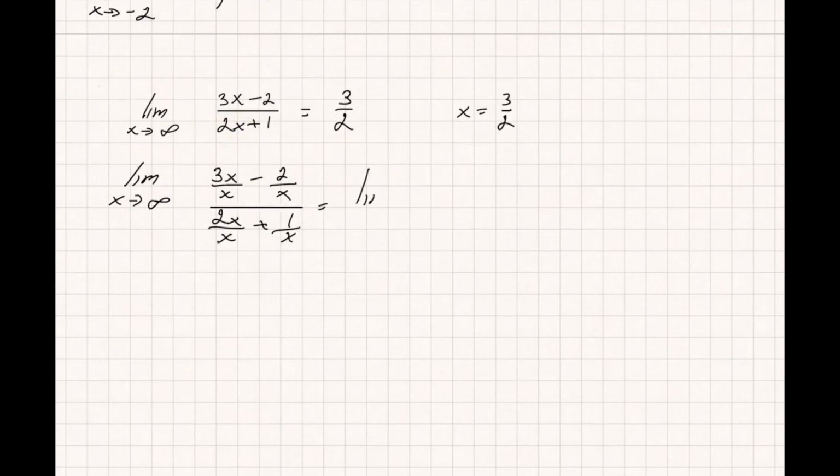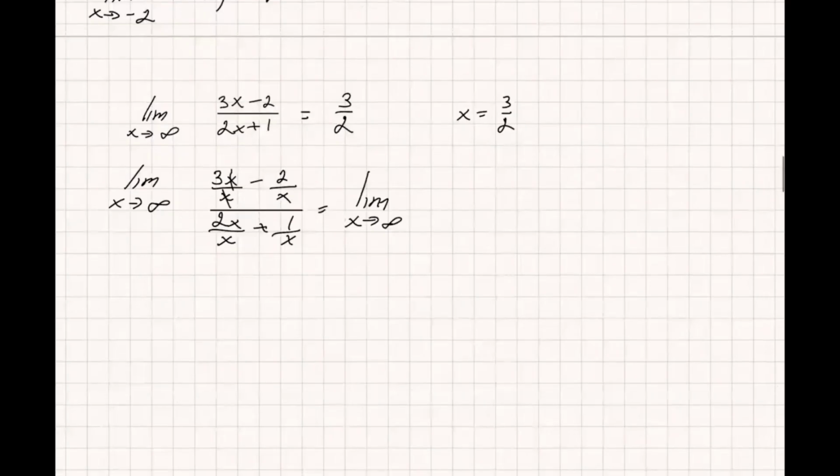And now you'll have the limit as x approaches infinity. So these x's are gone. We have 3 minus 2 over x, divided by 2 plus 1 over x.